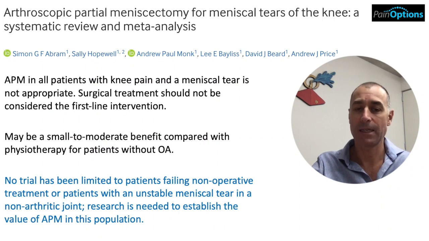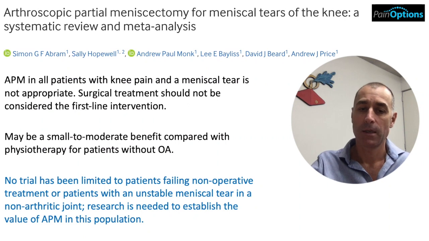No trial has been limited to patients failing non-operative treatment or patients with an unstable meniscal tear in a non-arthritic joint. So again, the definition of non-operative treatment, is that appropriate, and the duration of that. And an unstable meniscal tear is actually very difficult to define. That's why in broader guidelines a locked knee has been the definition.